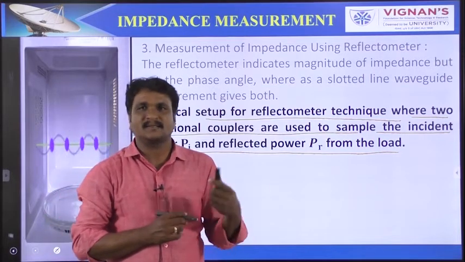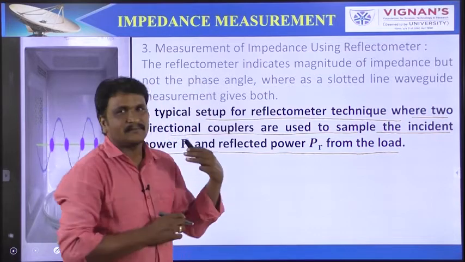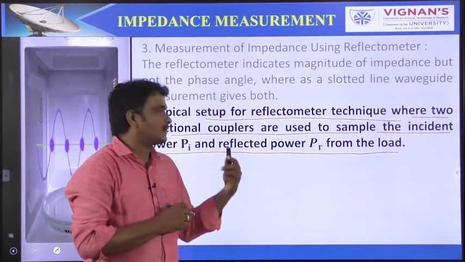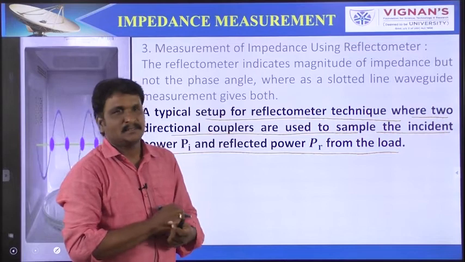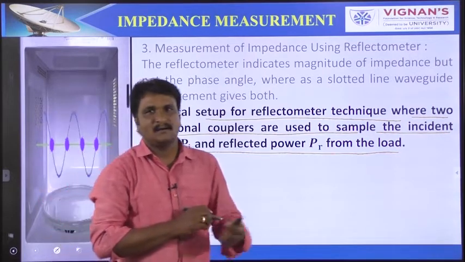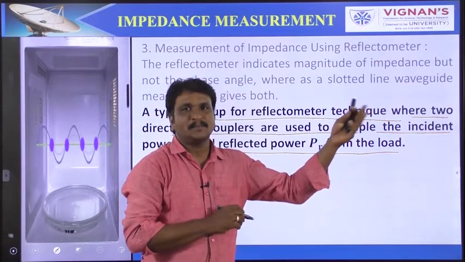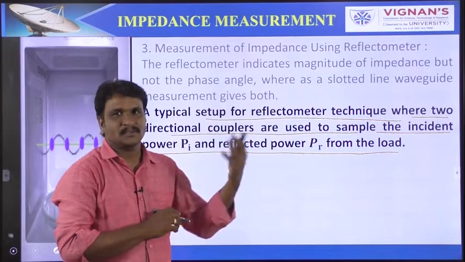The directional coupler is a 4-port device. The incident power is connected at the input side, that is the first port. We can get the reflected power, represented by PR, at the second port. The third port is the forward coupled power, and the fourth port is the back power.